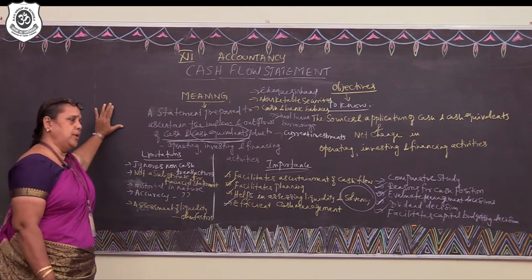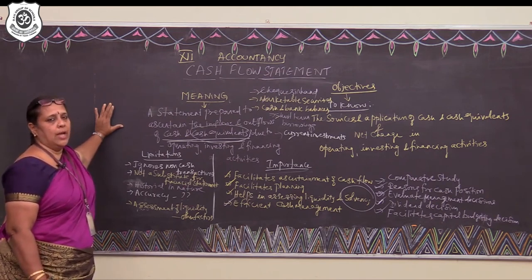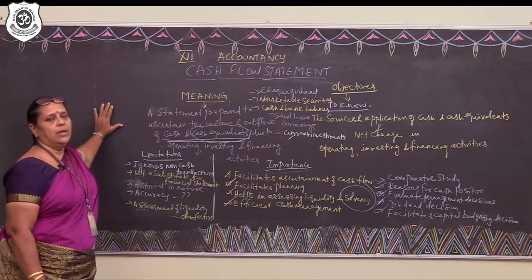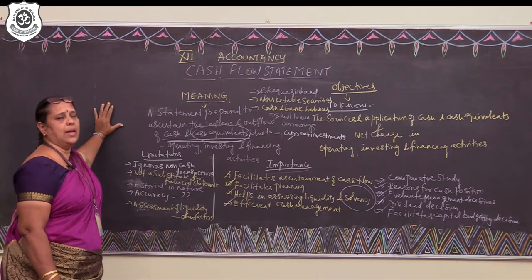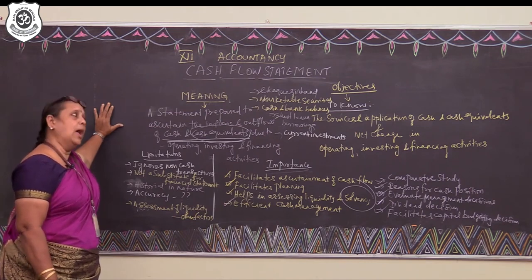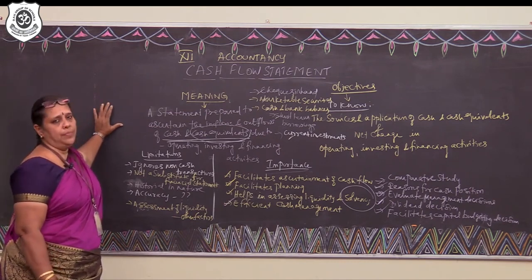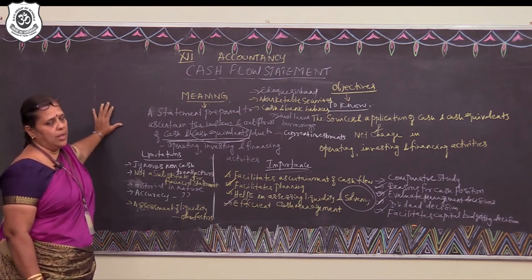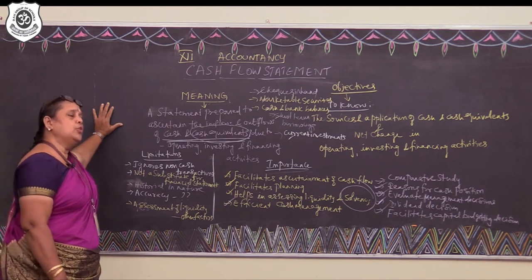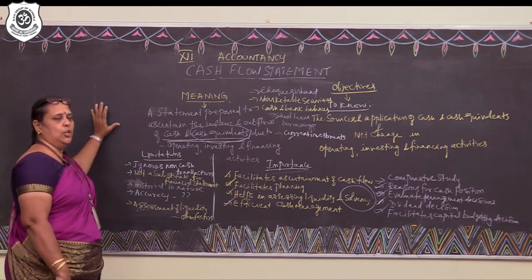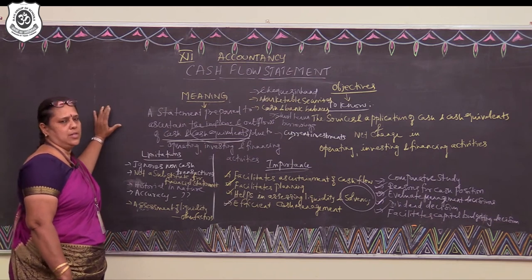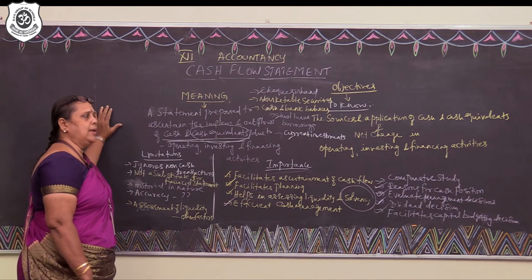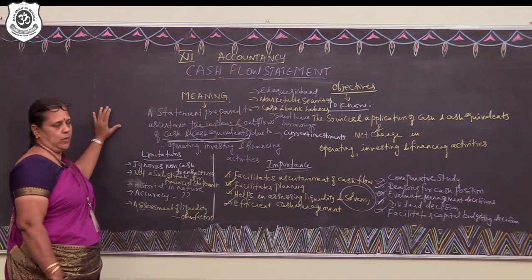Now, the objectives of the cash flow statement. It is prepared to know the sources from where cash and cash equivalents were drawn, and the applications of them into various activities, namely operating, investing and financing activities. Then, to know the net change due to the inflows and outflows of cash and cash equivalents in operating, investing and financing activities.